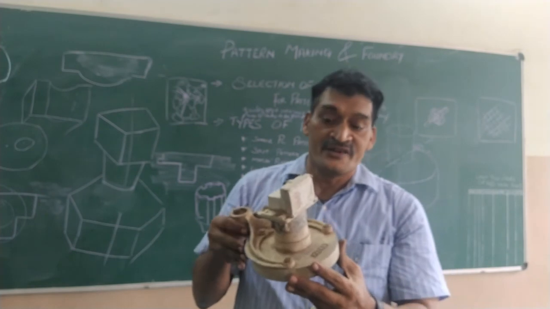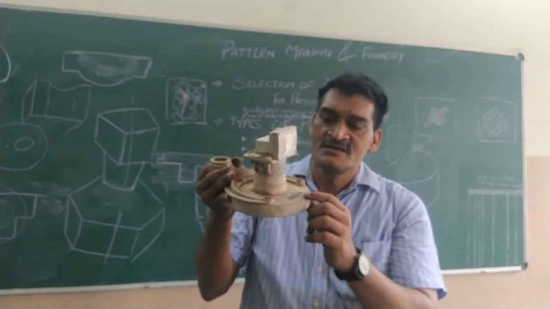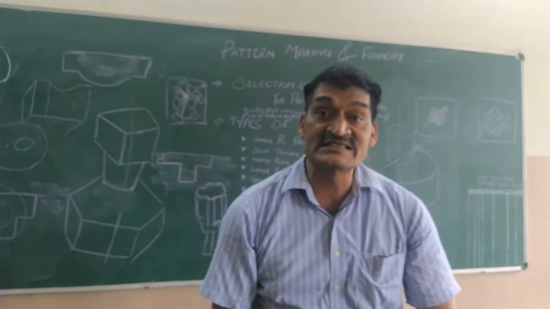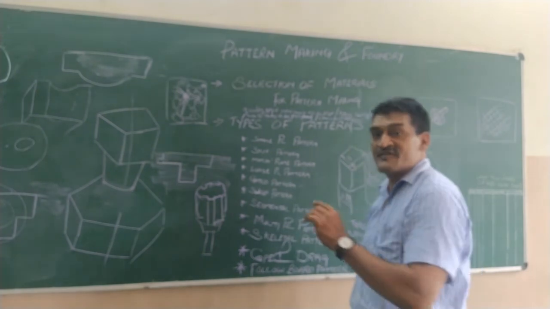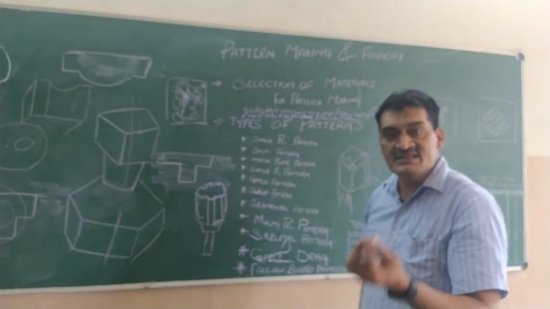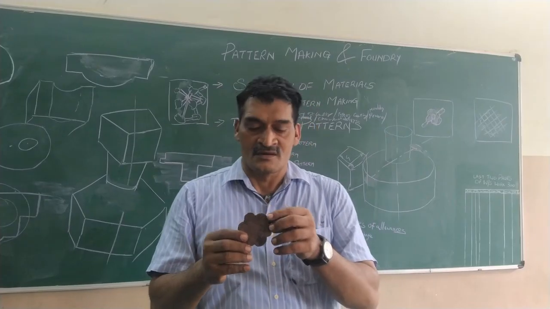So if you want the finest details, then you have to have good material. So that is intricacy, the fine details of the casting. So if you want your casting to show all these details, you require a very good material for it.